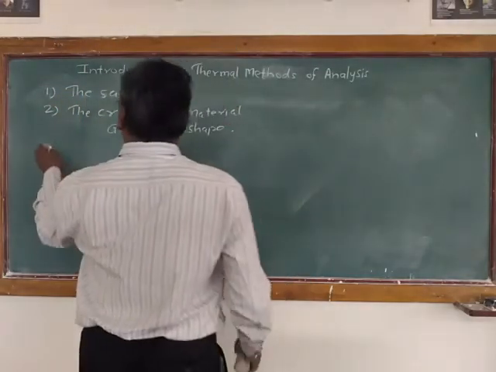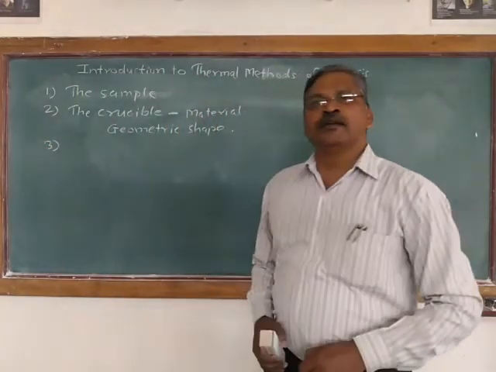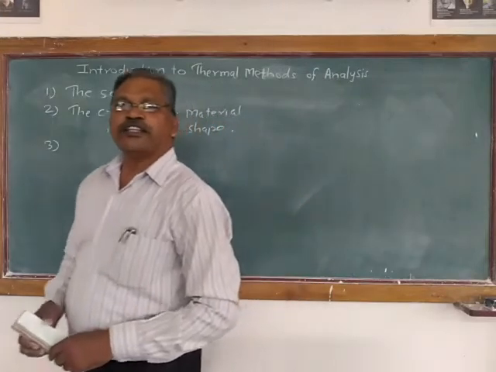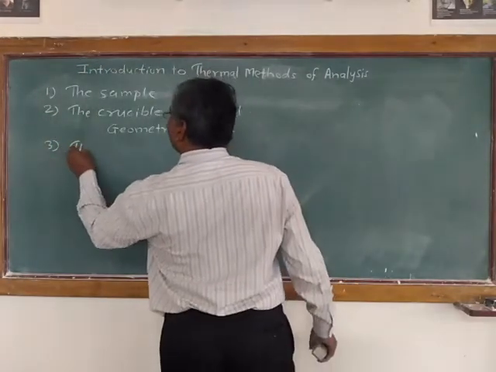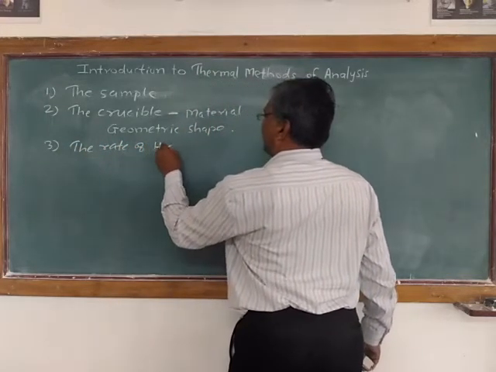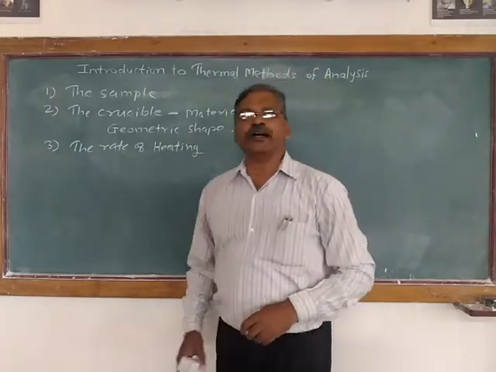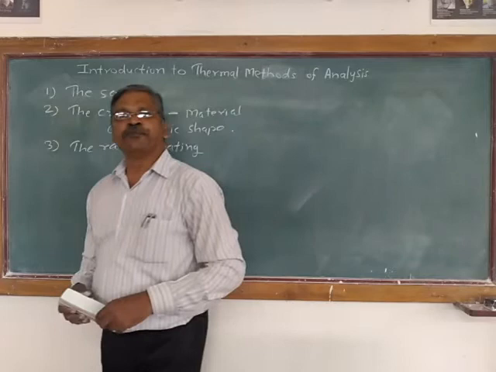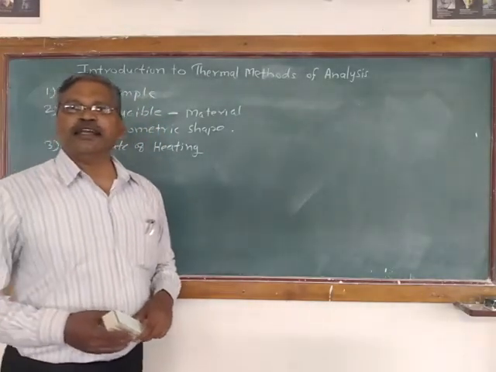The third factor which decides the nature of the thermal analysis curve is the rate of heating. How you are heating your sample during the analysis is important. Experiments may be carried out at different heating rates.